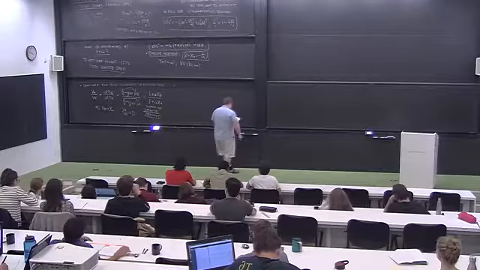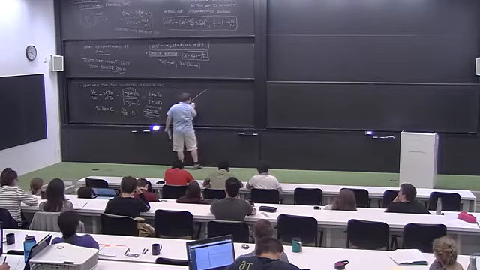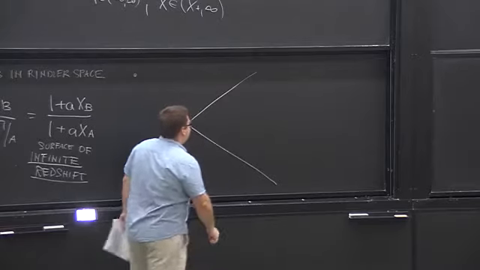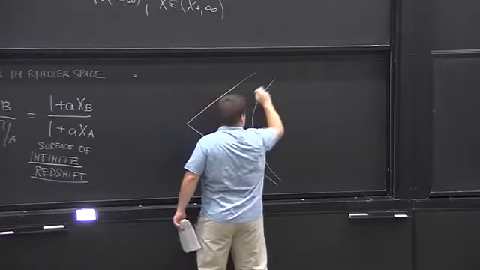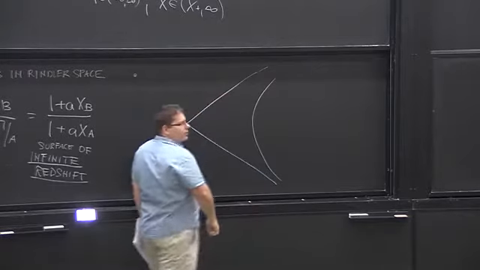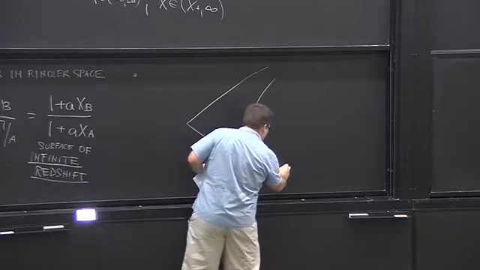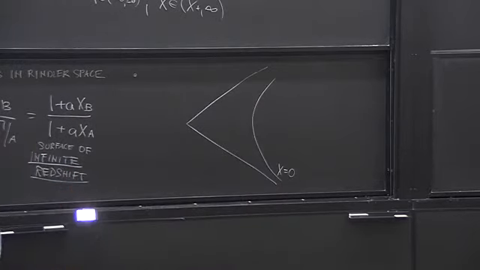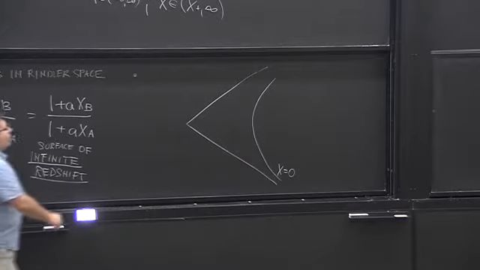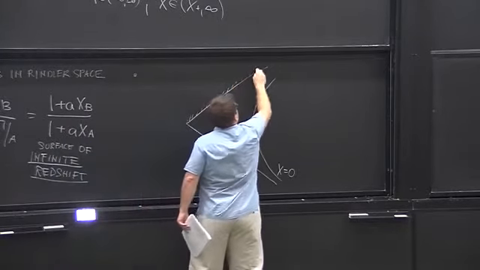So let's imagine an experiment with the observer again. We know that the Rindler space looks like something like this, and the observer at x equal to 0 is sweeping this trajectory. So this is the x equal to 0 Rindler observer, and this is my horizon at x equal to x plus.